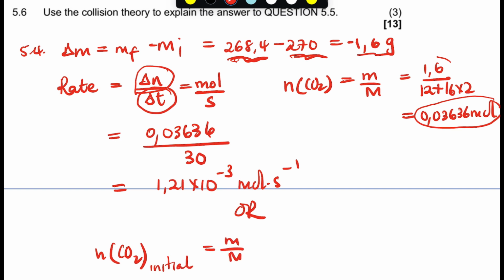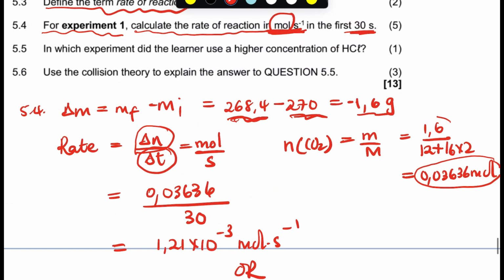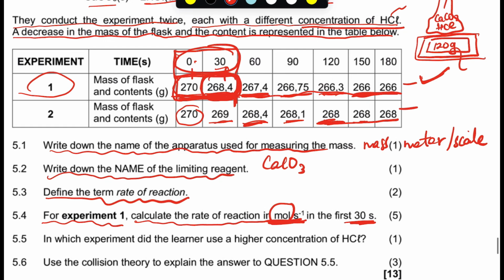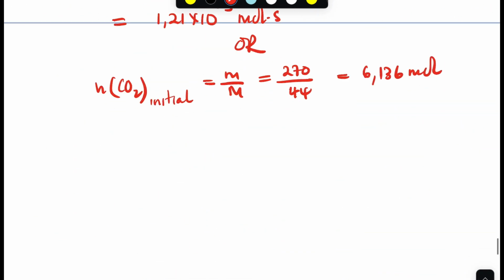It's mass over molar mass, so you're going to say 270 divided by 44. Let's punch it quickly. It's 6.136 mole. That's the initial. And then your final is 268.4.